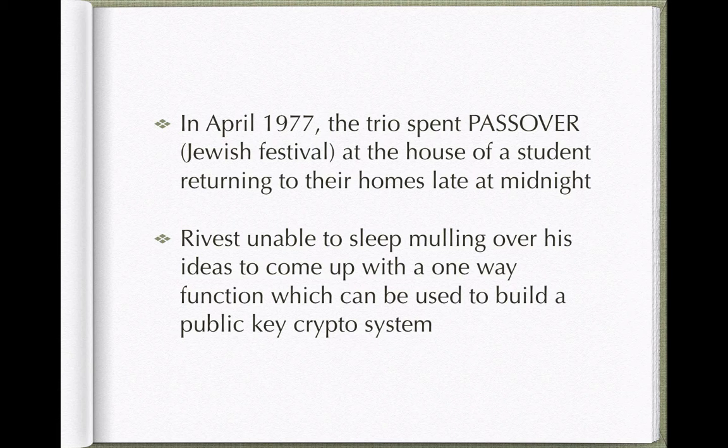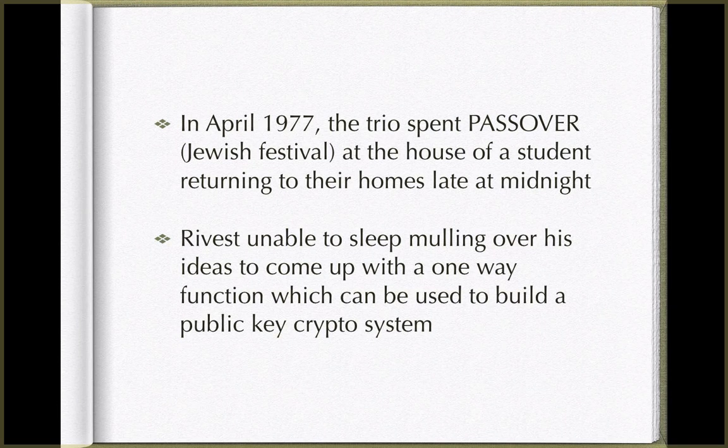If you have two very long prime numbers, P and Q, it's very easy to multiply them and create the product. But given the product, it's very difficult to figure out what the factors are. That is, one way is easy, the other way is not possible if you use very long prime numbers.